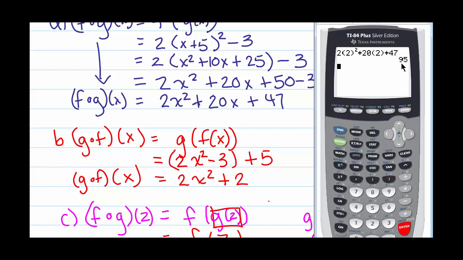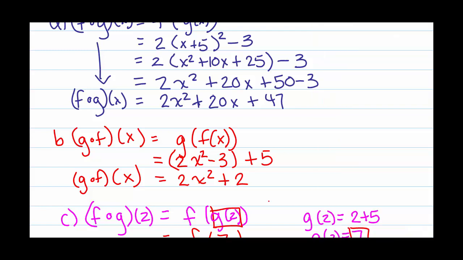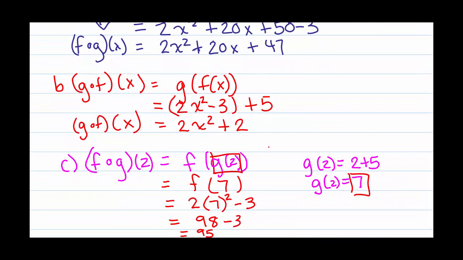Press enter and I get 95. So remember, we got 95 by plugging 2 into g, simplifying that, then plugging 7 into my f function. That's what it means to be the composite function. You're taking one function and plugging it into the other function.